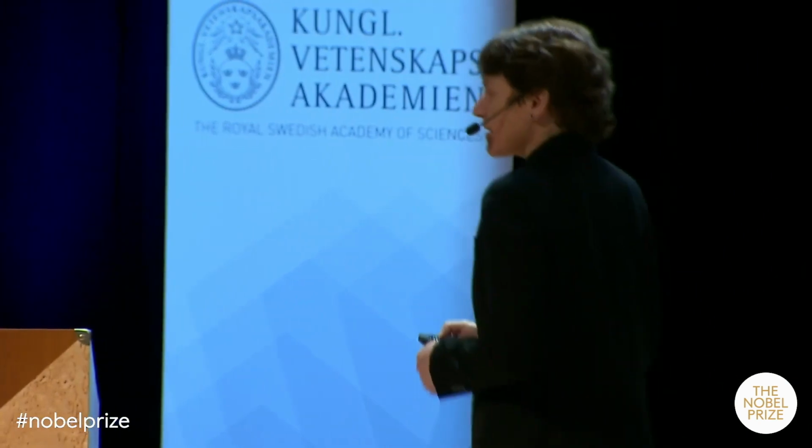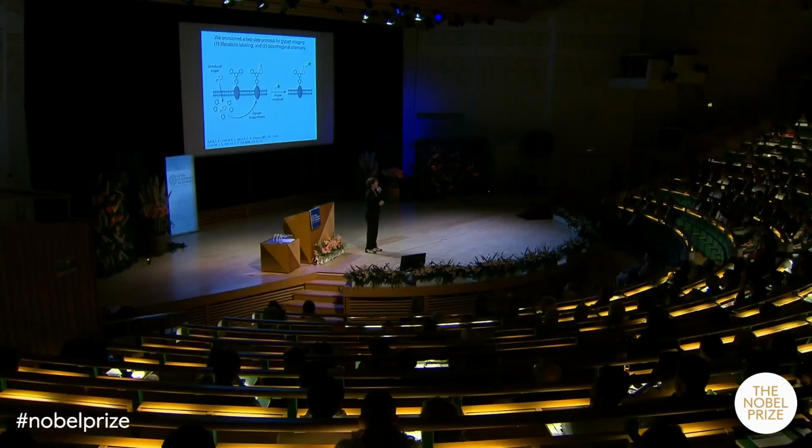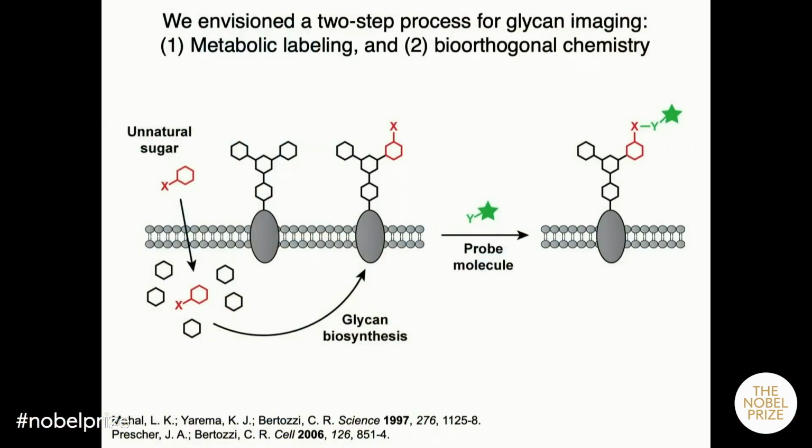So that was one of the research proposals that I crafted and submitted when I applied for a faculty position at UC Berkeley. And here's a cartoon that's almost literally right from my job application, from 1994, where I proposed a two-step process for imaging cell surface glycans.